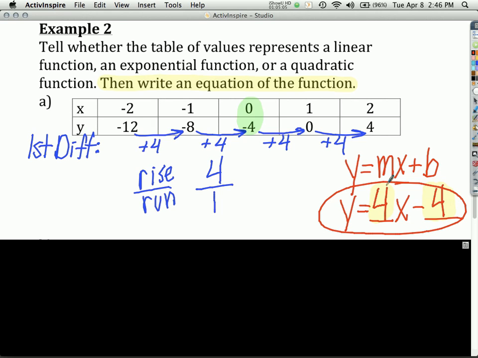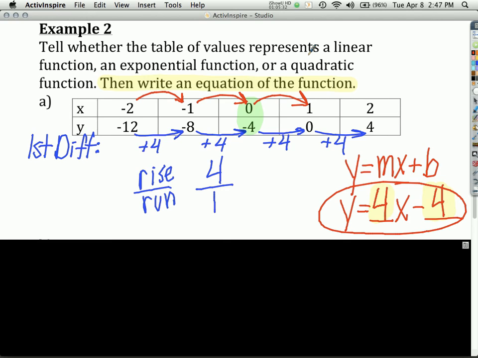What if it didn't come out to 1? What if it was like 2, and then 2, and then 2? Well, that's no big deal because this is the rise, this is the run. Just put the number over the other number and put it in simplest form, and you've got the slope. Okay? Comments, questions, concerns? So, I'm sorry, we didn't write down the first piece of information.